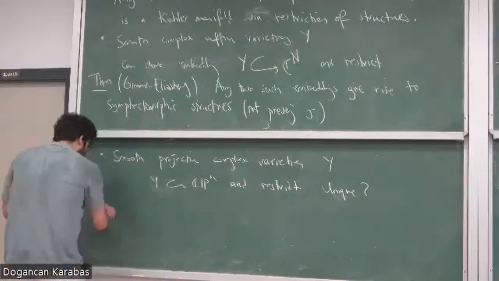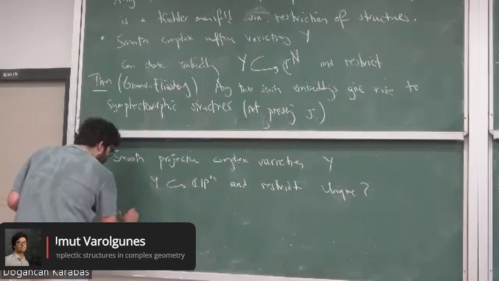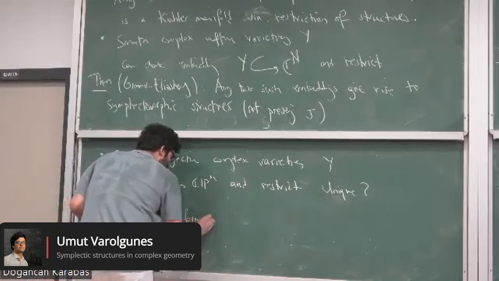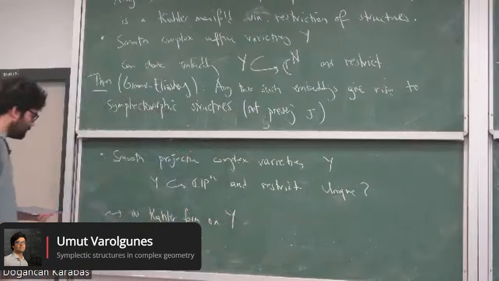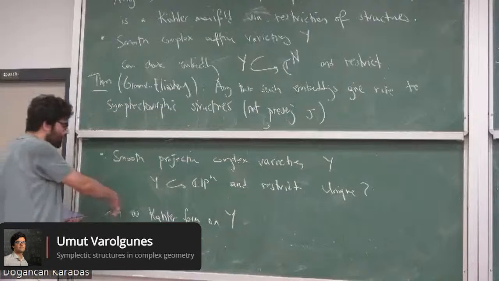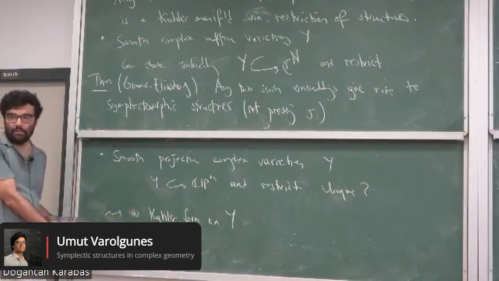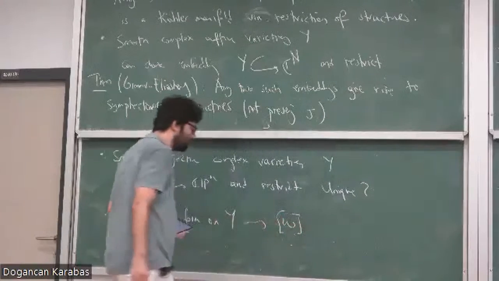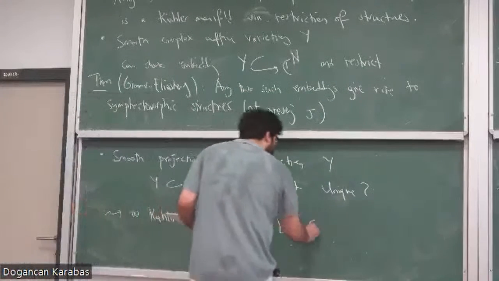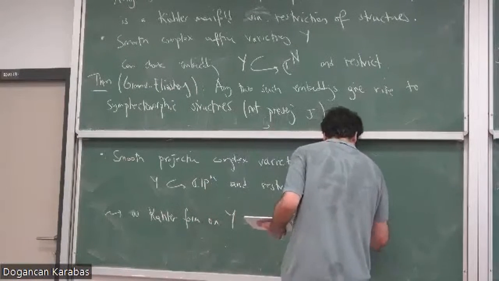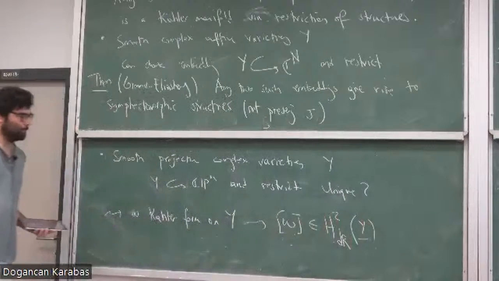So what you get from this is a symplectic form omega on Y. And once you have a symplectic form, which is just a closed two-form, you can take its de Rham cohomology class. Okay, so this gives you a class in the second de Rham cohomology of my Y. Okay.